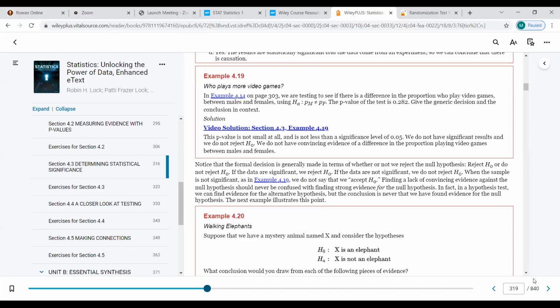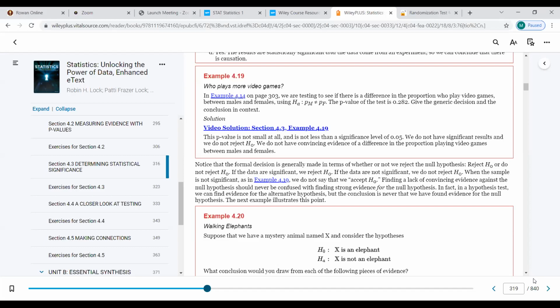And remember, I had mentioned that most researchers don't go above 10% for their level of significance. Alpha is typically never bigger than 10%. So 0.282 is going to be greater than pretty much any alpha a researcher is going to choose. And this means there's not enough evidence to say that the proportion of males who play video games is greater than or different than the proportion of females who play video games.